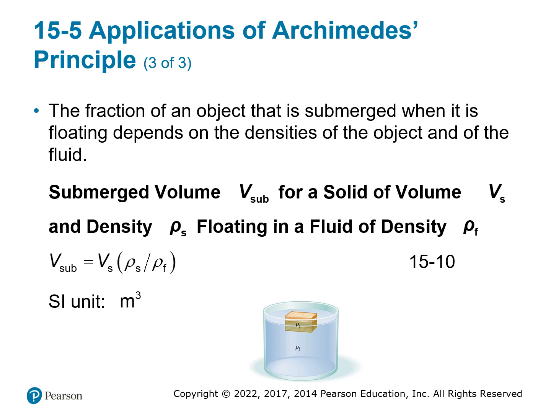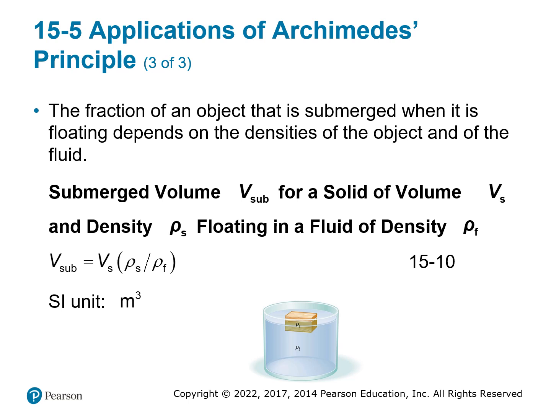So you can figure out how much of an object gets submerged as it's floating, right? Different objects have different ratios. You can find the submerged volume, so V sub, for a solid of volume and density floating in some sort of fluid.